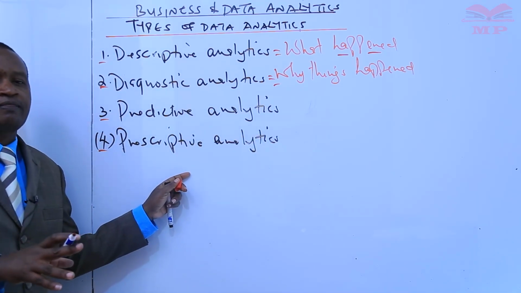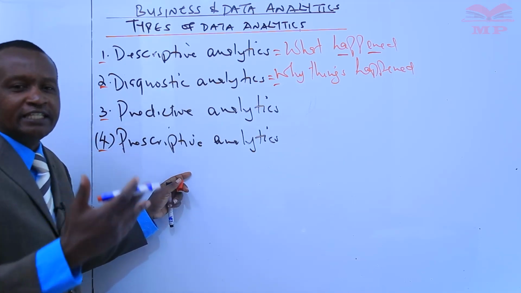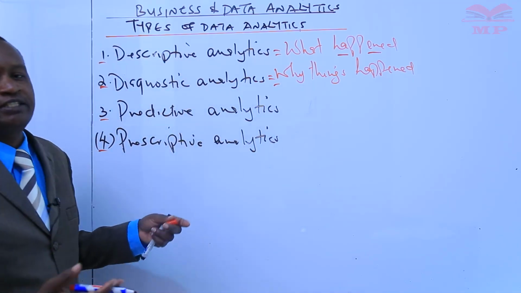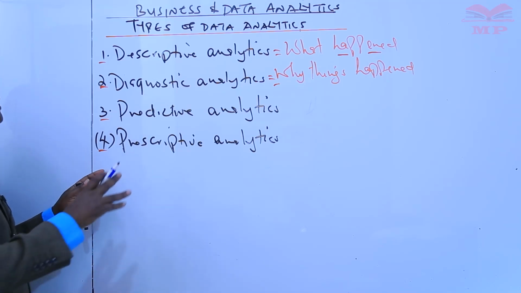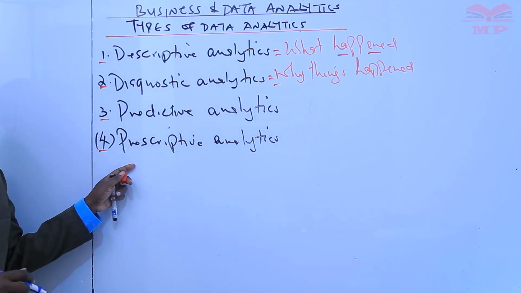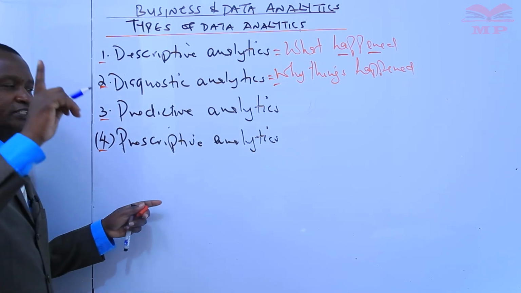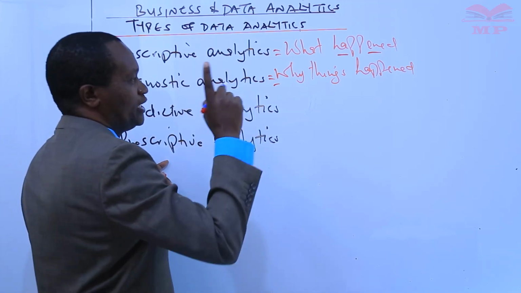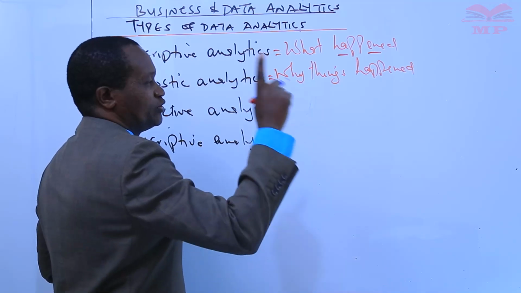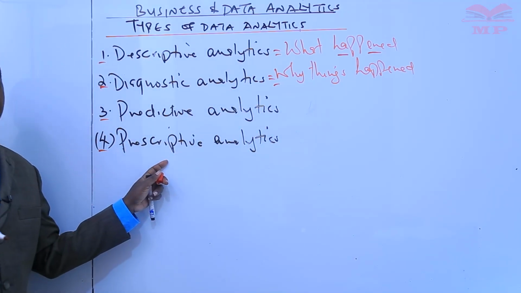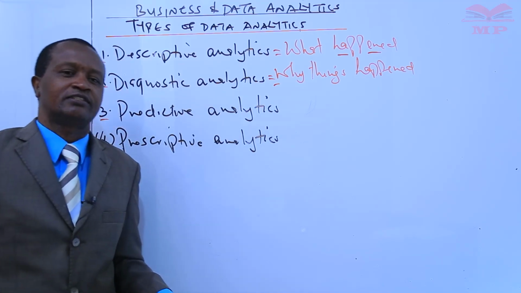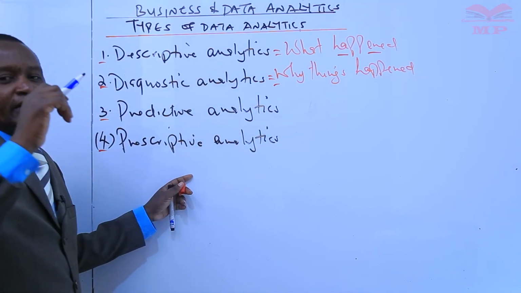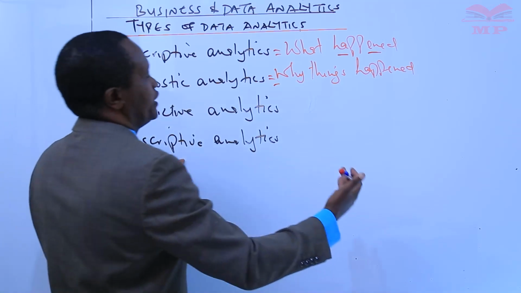Then after that, statistical techniques are used to find relationships, to find trends that explain the anomalies. That is diagnostic analytics. I repeat: step one, identify anomalies. Step two, collect data related to the anomalies. Step three, use statistical techniques to find relationships and trends that explain the cause of the anomalies.